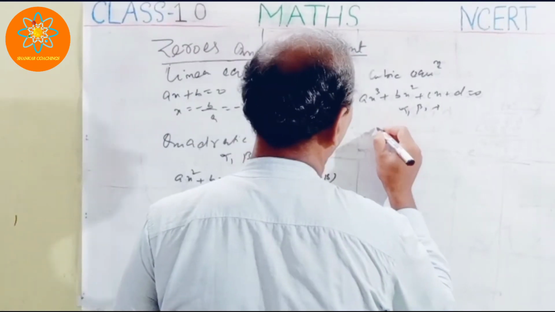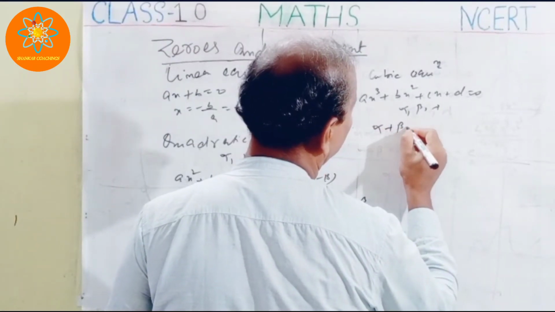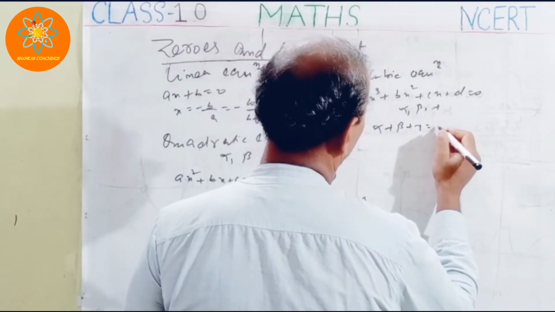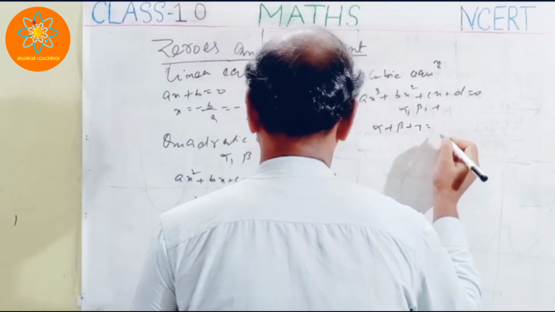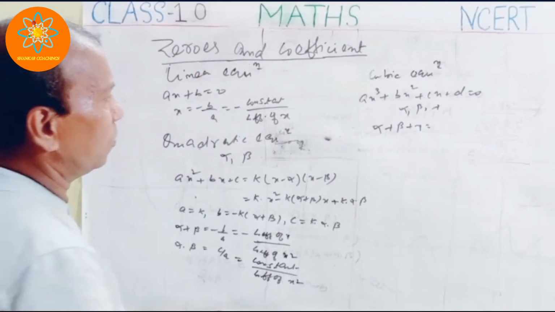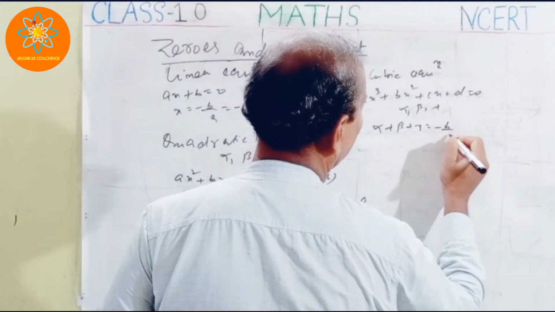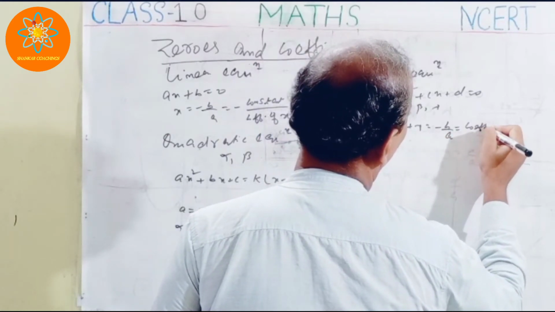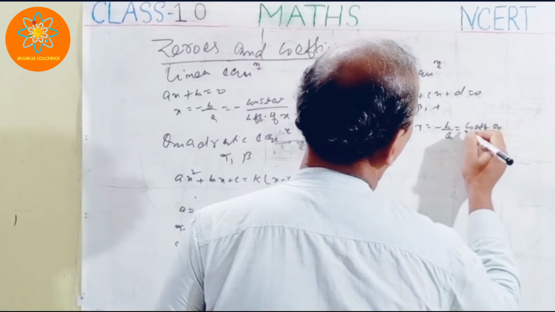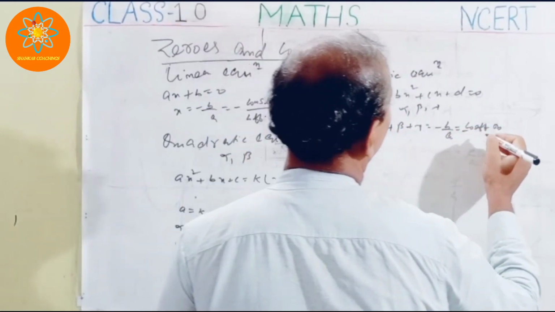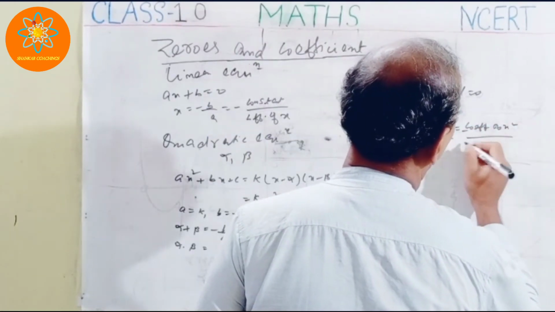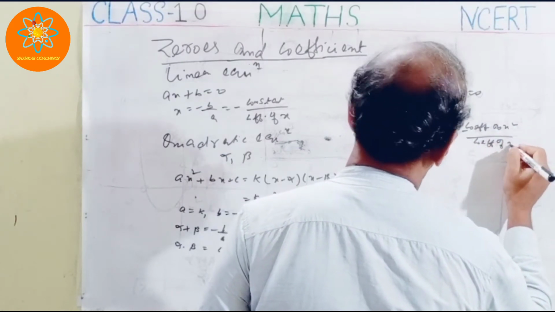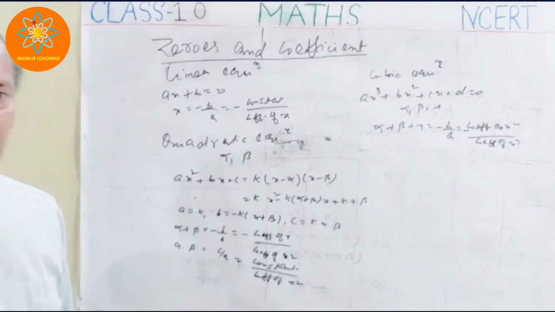First one is the sum of the roots, alpha plus beta plus gamma, which is equal to minus b by a, that is, the coefficient of x square divided by the coefficient of x cube.